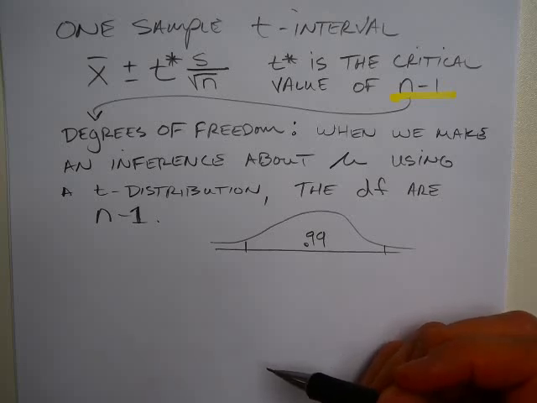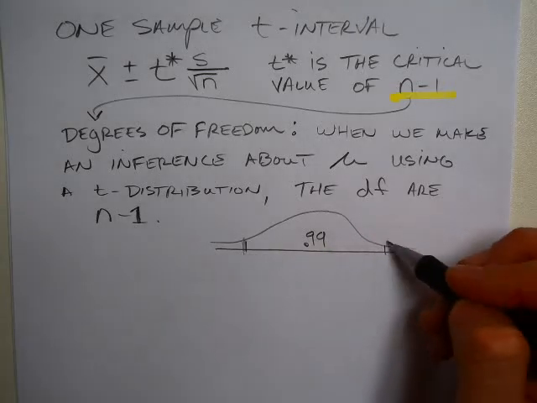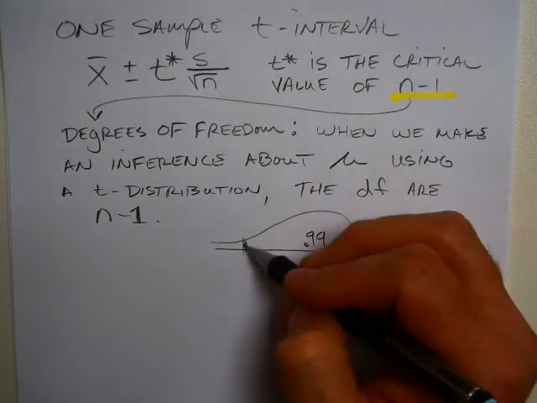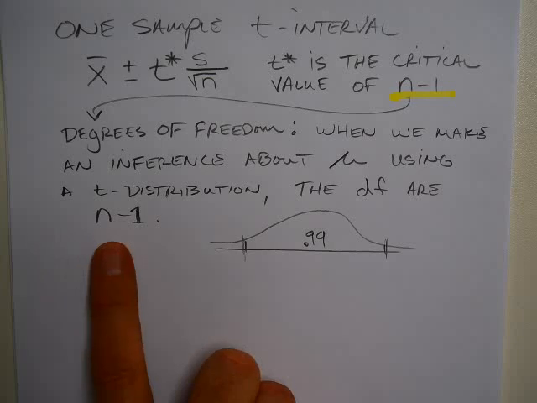So by doing n minus 1, it ever so slightly expands this capture to make sure that it's at least 99%, if not a little bit more, because you'd rather err on the side of caution, especially with a drug, than make a mistake. So it's kind of like an error on the side of caution here.